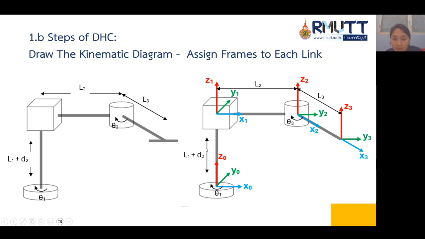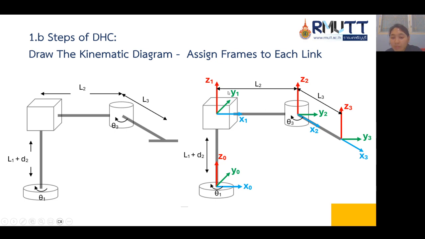So we can see later for the value of distance in x-axis. Oh, I'm sorry, distance in z-axis.